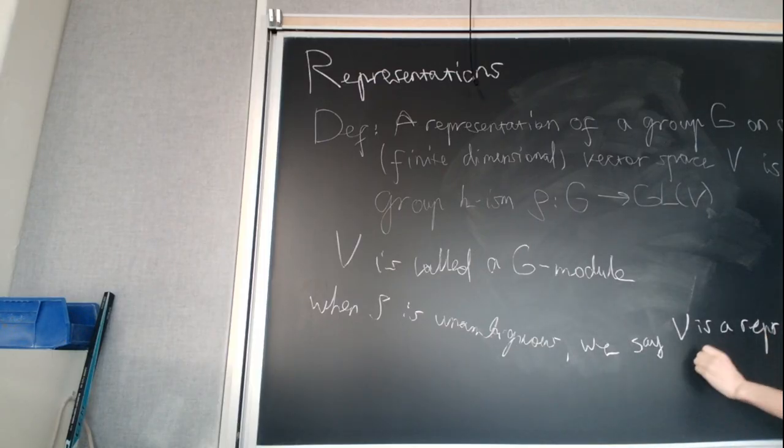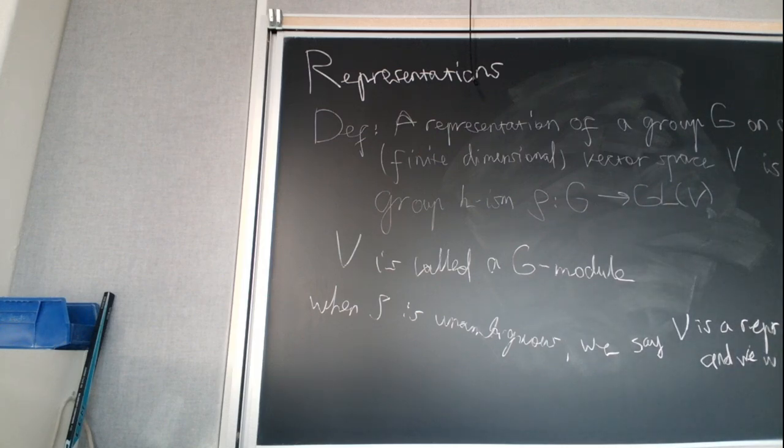And we write, let me pick a different piece of chalk, G acting on a vector V instead of rho of G acting on V. I'm sorry for the horrible handwriting.